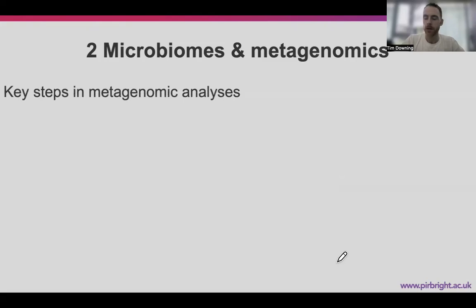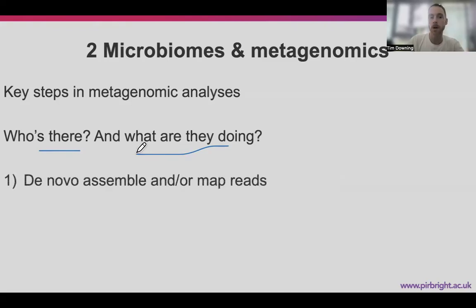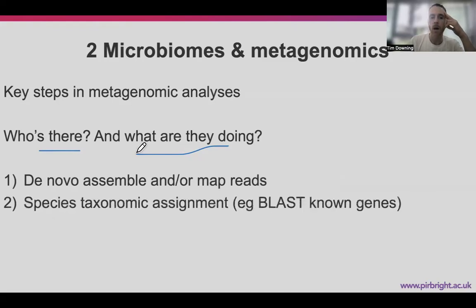We also know that there are key steps that are shared across these things, and typically we're asking simply what or who is there, what organism, what virus is there, and functionally what may be the functions of the genes, in terms of what it is doing. So what we can do is de novo assemble the viral reads that we're able to extract, or map the reads. We can use something like Kraken2 to do taxonomic classification.